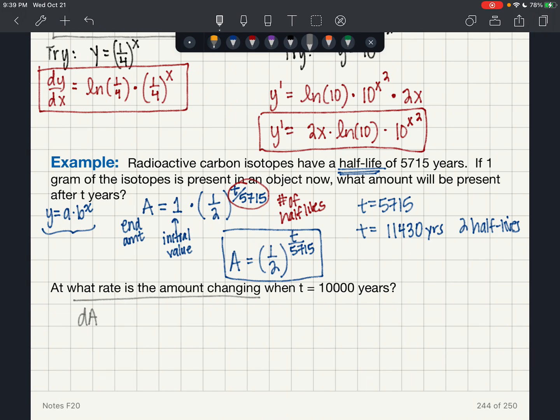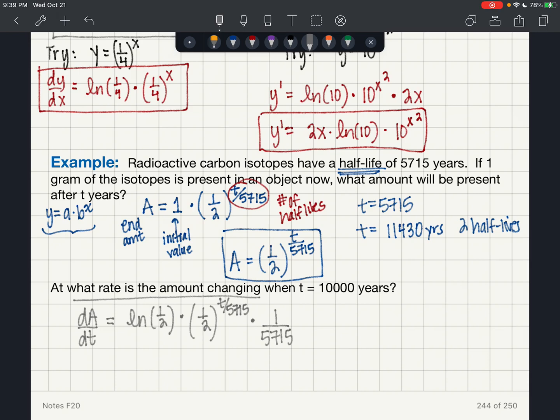That means I need dA dt. And that's going to equal the derivative of 1/2 raised to the t over 5,715. So I'm going to have the natural log of 1/2, natural log of the base, times the actual exponential, times the derivative of the exponent, which is 1 over 5,715.